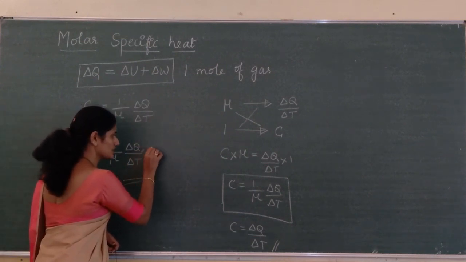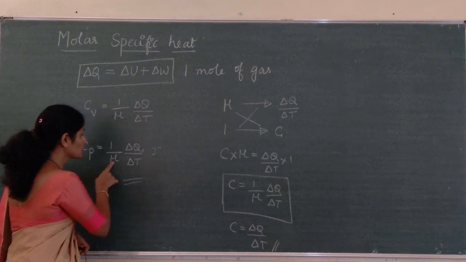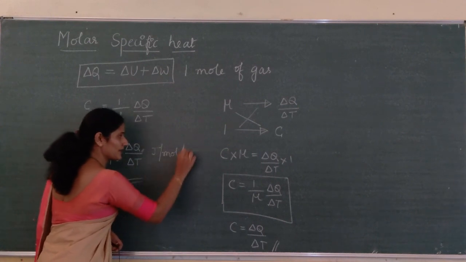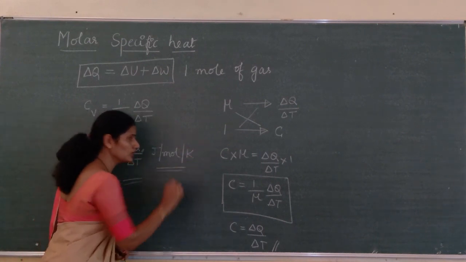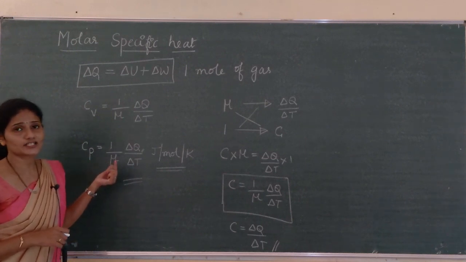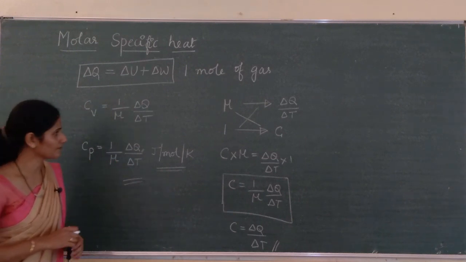Heat energy is measured in joules, moles, temperature in Kelvin. Joule per mole per Kelvin is the SI unit of molar specific heat capacity.